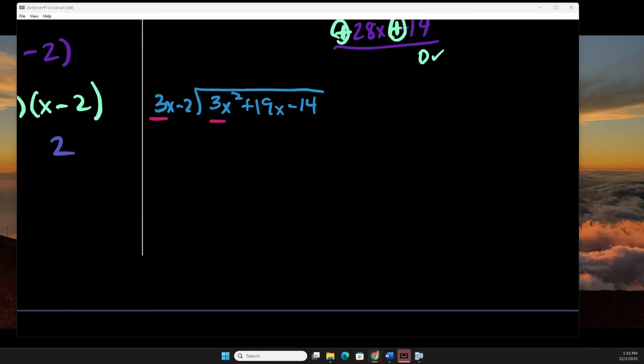So we just start off with 3x divided into 3x squared, and that's going to be x. And then when we multiply, we get 3x squared minus 2x.